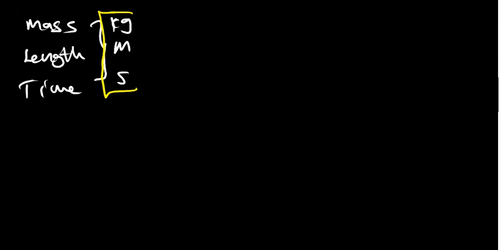When you want to report the final answer in dimension analysis, instead of writing kgs, we are going to represent it with the capital M, and we put this capital M in brackets.